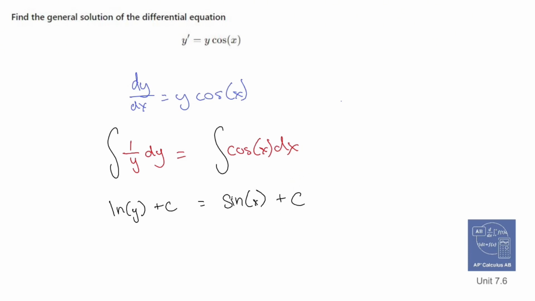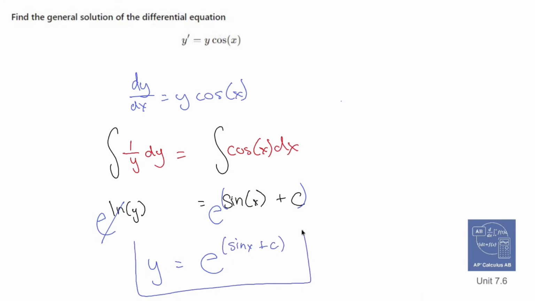Now I only need one of these c's, and since I want to get y all by itself, let's just get rid of the c on the left side. And in order for me to get y isolated, I need to take e to the of both sides. What that does is allow the e and the ln to cancel out, leaving me with just a y, and on the right side, I end up with e to the sine x plus c. And that's my guy.